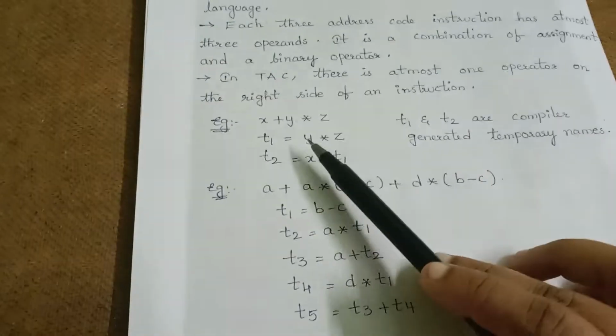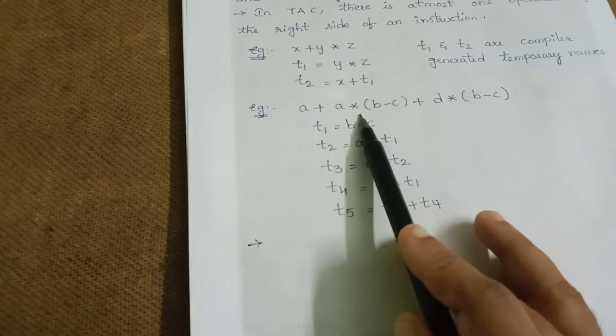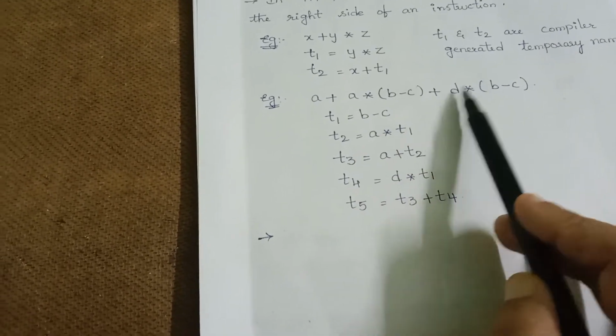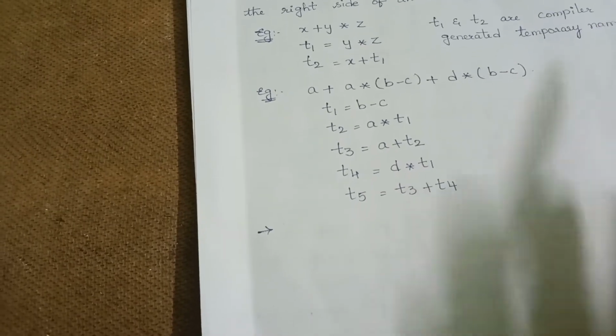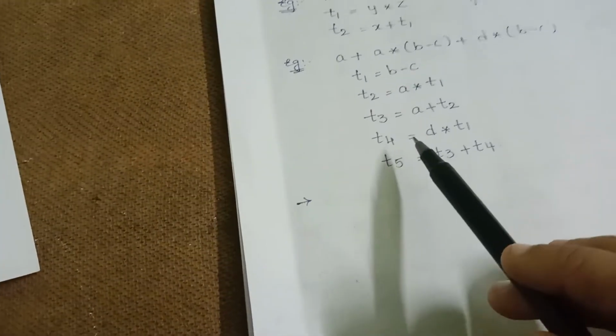For example, consider this example: A plus A star of B minus C plus D star of B minus C. Now this expression should be converted into 3 address code.